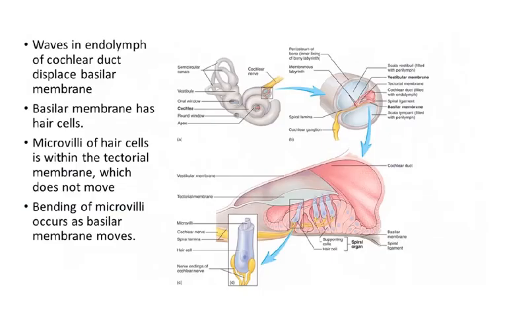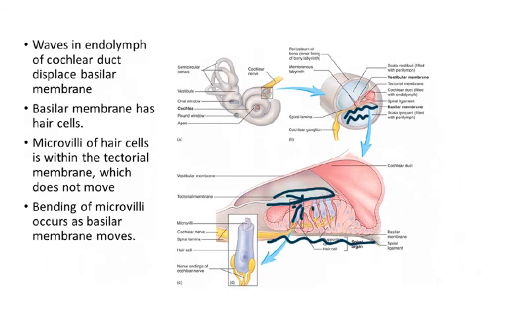Okay, so to sum up what we've said: sound waves in the scala tympani, down here, will push on the basilar membrane, and as sound waves hit the basilar membrane, it pushes these hair cells up against this tectorial membrane that does not move. As these are pushed up against it, it bends these little stereocilia, which are part of the hair cells, causing the hair cells to depolarize as those little tip links open and potassium rushes in.